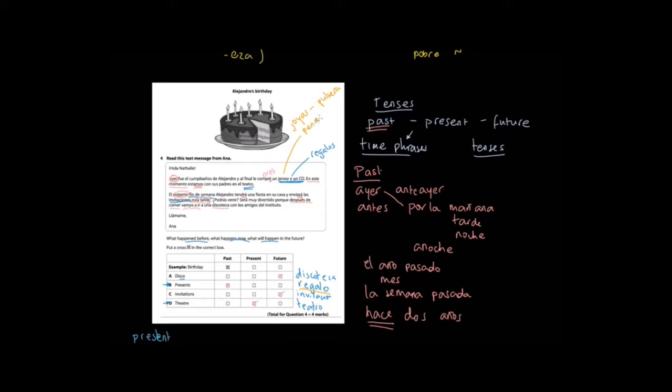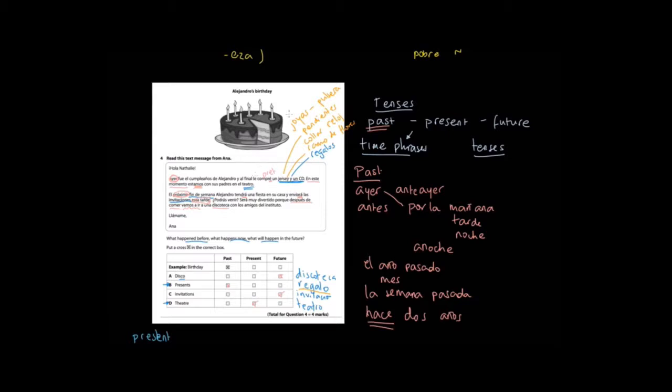Pendientes, earrings. Collar, a necklace. Un reloj, a watch, okay? So go through common presents, like other things like un ramo de flores, a bouquet. Other things that you could remind yourself of in terms of presents.